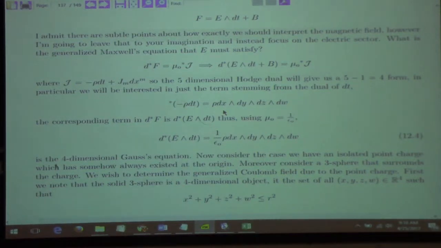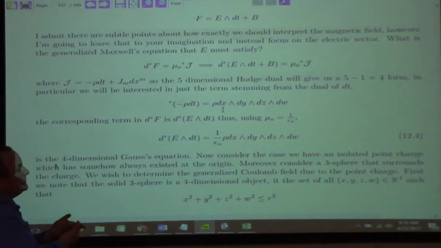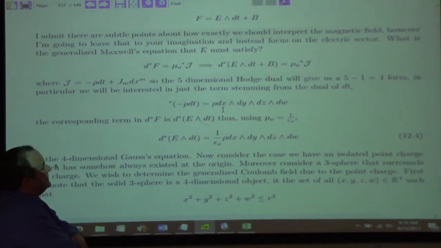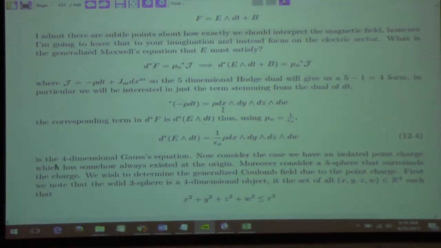This J has both the charge density and the current density. It has the rho and the J that I've talked about this semester, charge per unit volume and current per unit area time. Both of those are in that script J. And when you take the exterior derivative of the Faraday tensor, you get both the equations for E and for B as they relate to the current density J.